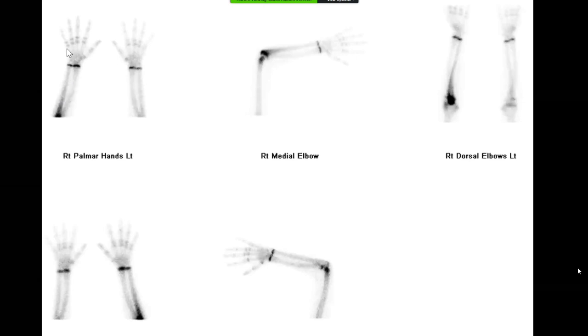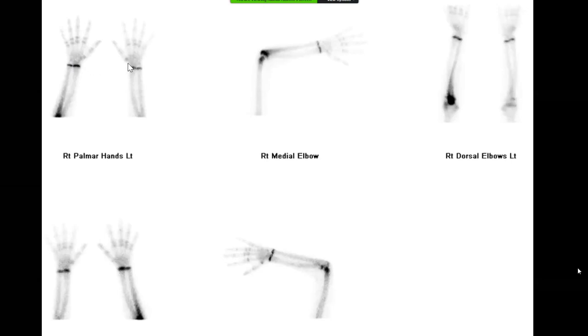It's important to remember the normal physiological uptake at the growth plate in the young until the growth plates are fused. So it's very important to always look for asymmetry, because when you have a growth plate injury, if you have any Salter-Harris injuries, you would see that asymmetry in the uptake.